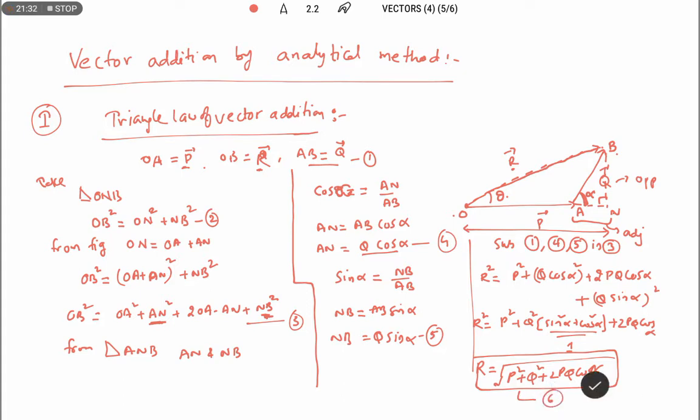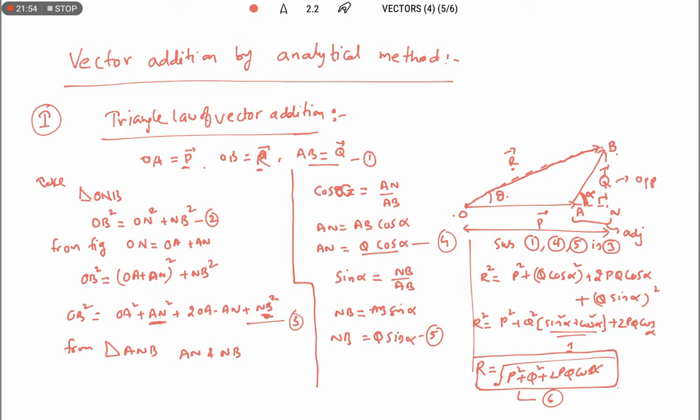Okay, so with the help of geometry we have completed this magnitude of the resultant vector. Now once again, repeating how we completed the derivation. Simply, we are assuming the two vectors p bar and q bar, and the resultant will be the closing side.